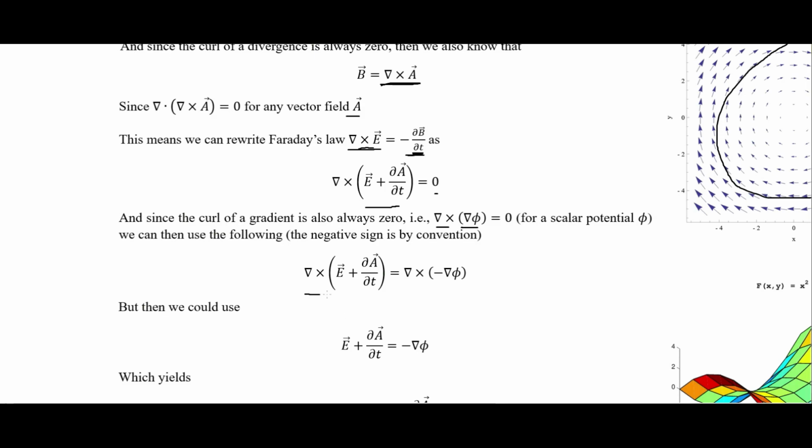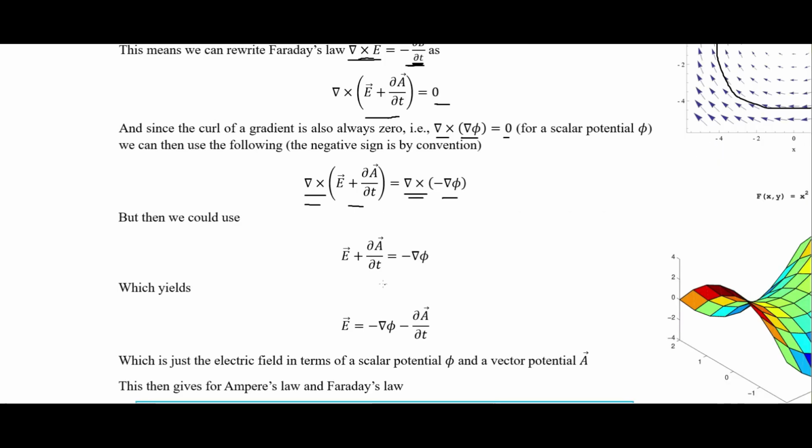We have the curl of this and the curl of this gradient, both equal to zero, so we can set them equal to each other. Then we can remove the curl, and now we have the electric field plus the change in the vector potential being equal to the negative gradient of this scalar potential.